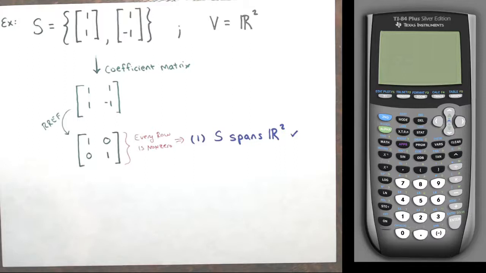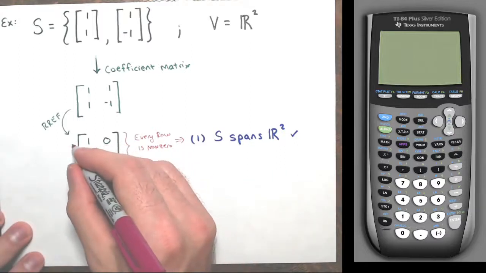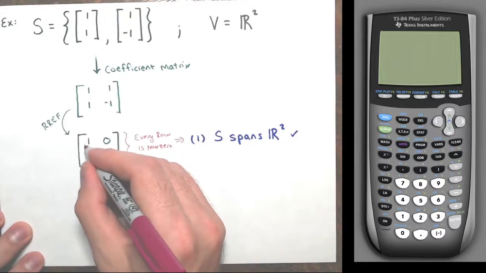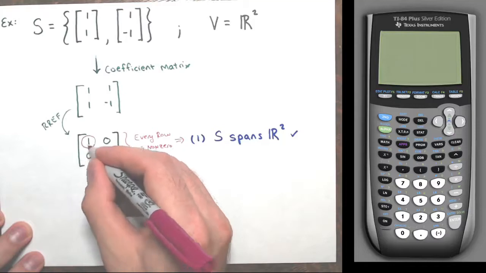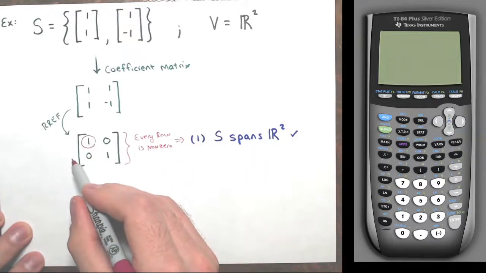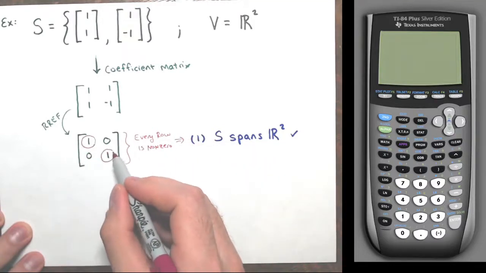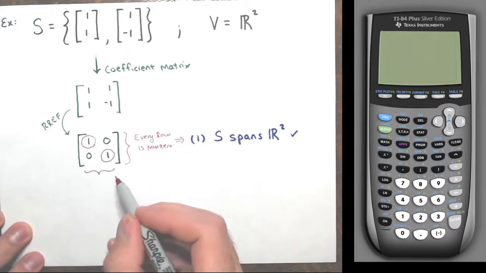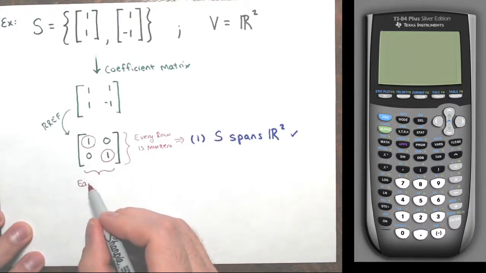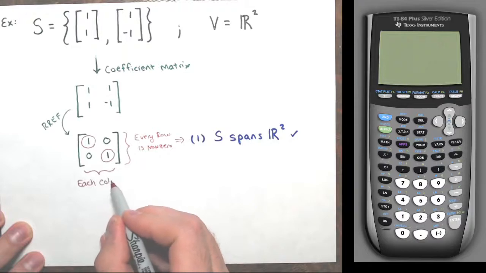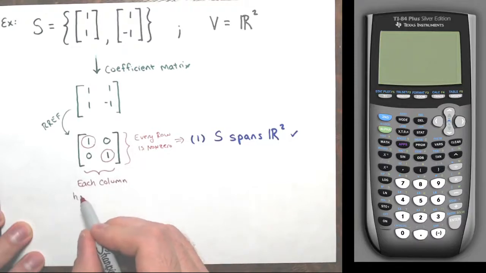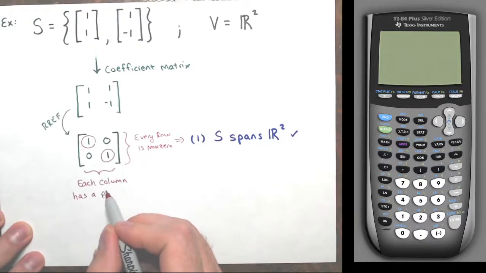I'm also noticing that the first leading one in this first row is right here, so the first column is a pivot column. Then the next row has another leading one here in the second column. I'm also noting that each column contains a pivot, or is a pivot column.